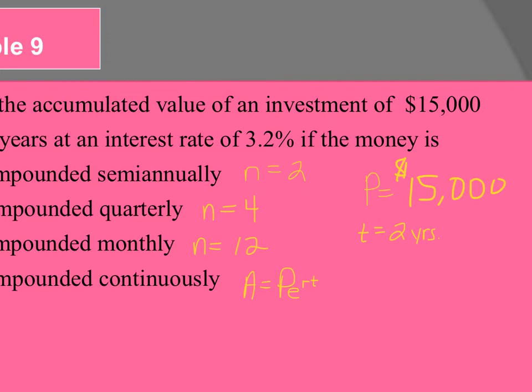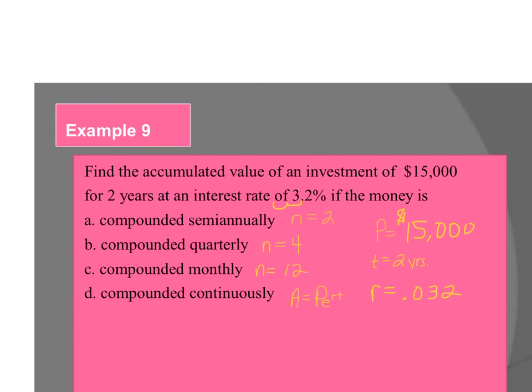What does it say? 3.2%. That is a percentage. Is that a decimal equivalent? No. How do I make that a decimal? I'm going to move the decimal place over 2. Just because there's a decimal point in it doesn't mean it's already in decimal form. So your rate here would be 0.032.